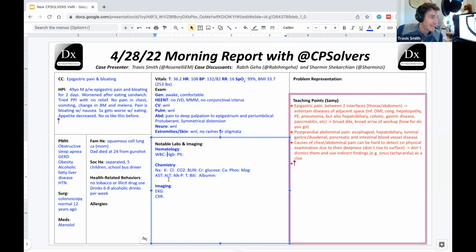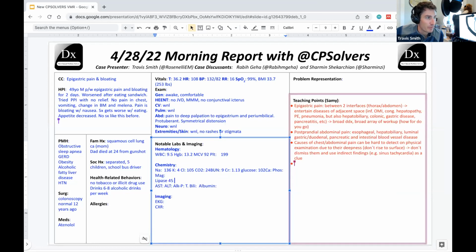White count was 9.5, hemoglobin 13.2, MCV was 92, platelets 199, sodium was 136, potassium 4, chloride 105, bicarb 24, BUN 9, glucose was 102, creatinine was 1.13, the lipase was 45 and normal.